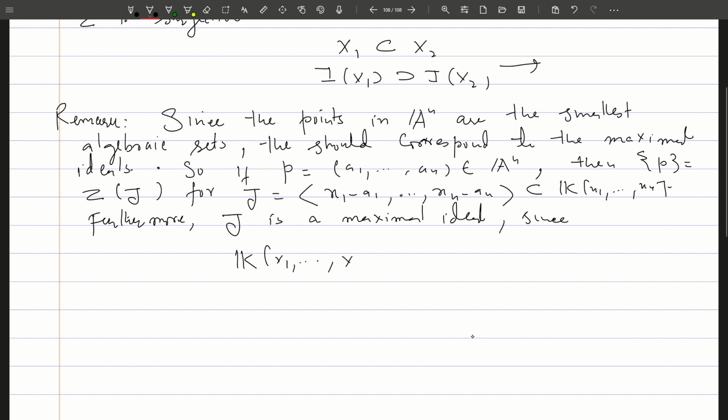I mean, k[x1 through xn] modulo the ideal J is isomorphic to k, so this J has to be maximal.